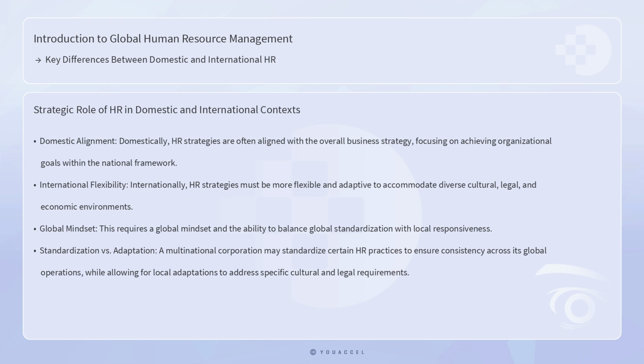This requires a global mindset and the ability to balance global standardization with local responsiveness. For example, a multinational corporation may standardize certain HR practices, such as performance appraisal systems, to ensure consistency across its global operations, while allowing for local adaptations to address specific cultural and legal requirements.